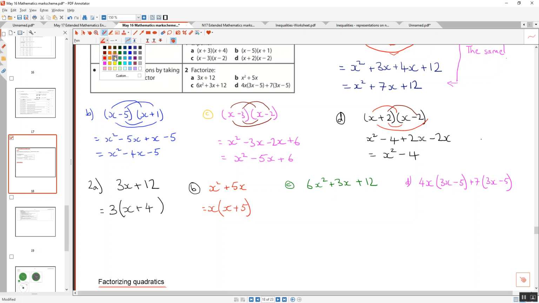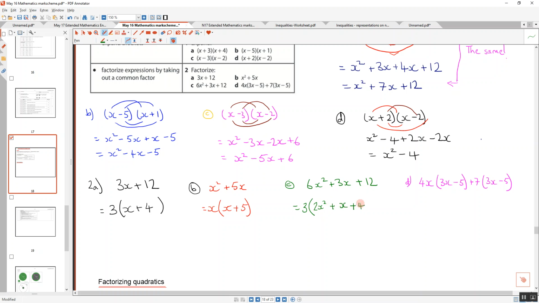For C, what is the common factor of these 3 terms? What number goes into all 3 of them, John? 3. What are you forgetting though? Because 3 times x squared is 3x squared. Okay, it has to be 2x squared. 3 twos are 6. Plus x plus 4.